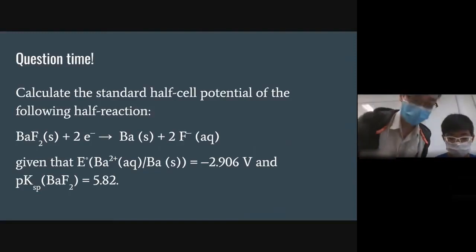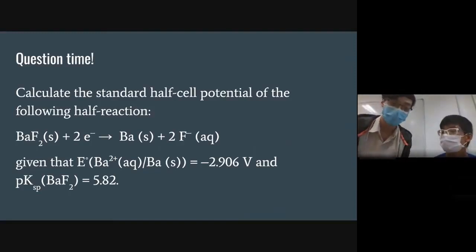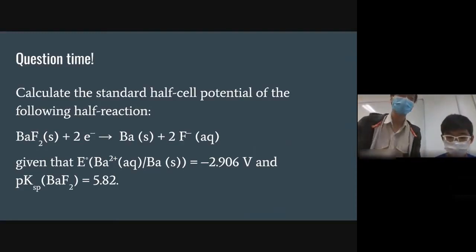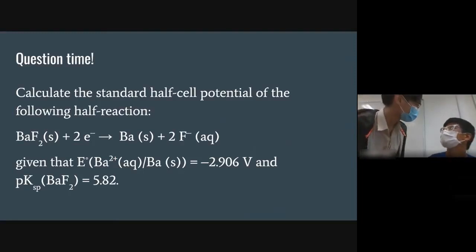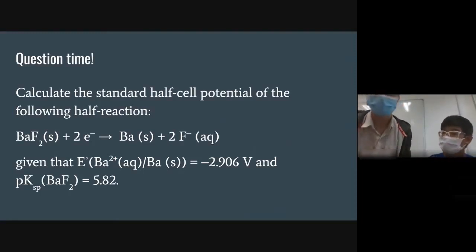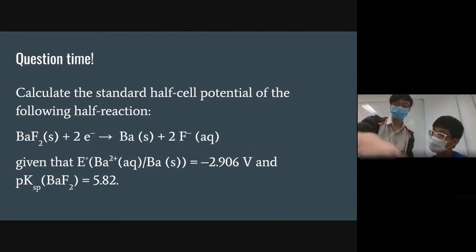Okay, so maybe I'll just give you all some hints as well. Probably the first step you want to do is to find the standard potential of this reaction over here. Then after that, you can apply the Nernst equation to help you find the potential.